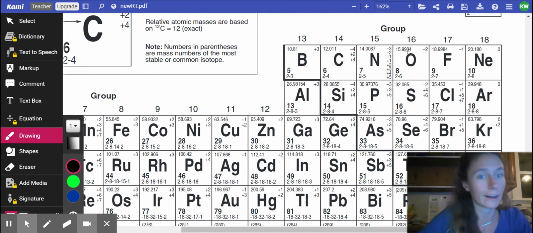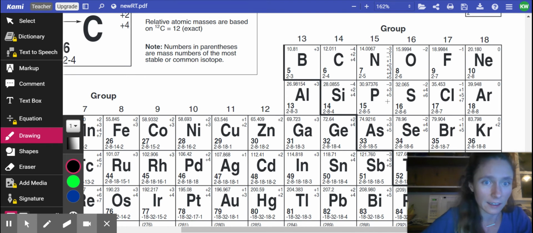So if you have an element like oxygen here, it has 6 valence electrons. So does sulfur, because it's in group 16. So how many electrons does it want to gain? It wants to gain 2 electrons because it wants to have 8 valence electrons and have a configuration that looks like neon.